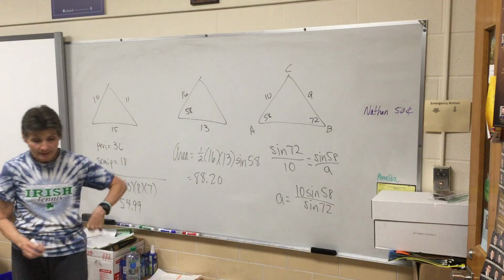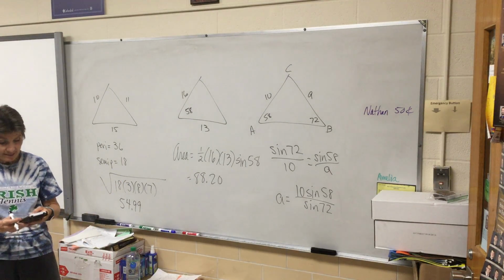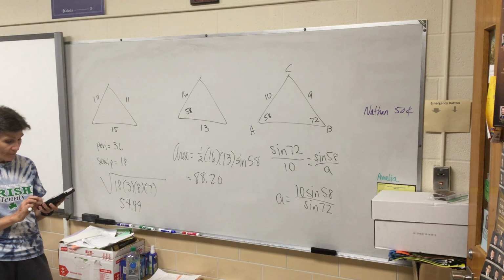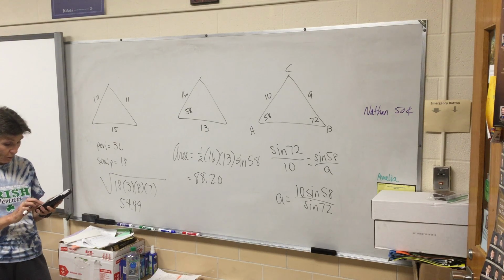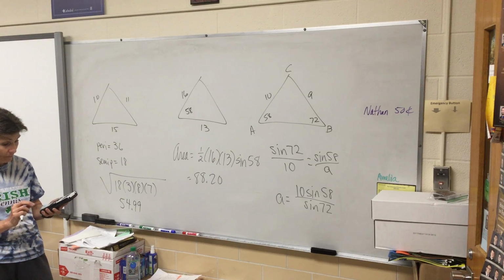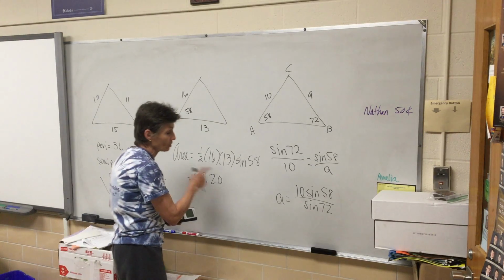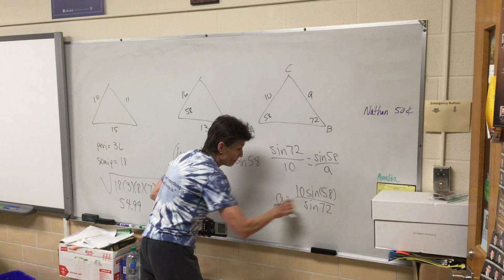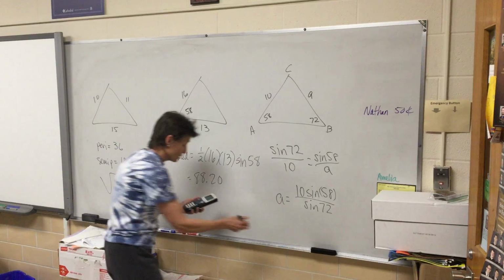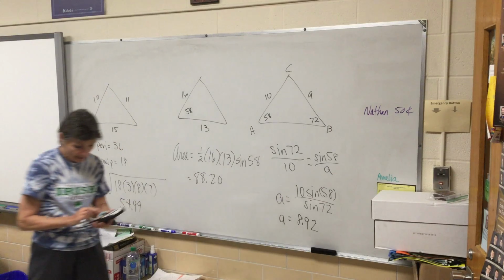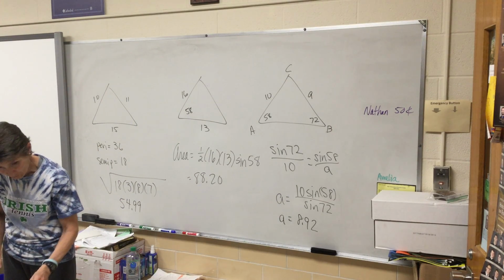And then I will type that in on my calculator, and that is side A. Remember that you use the law of sines or cosines when you have to find a side or an angle. Also be careful, like with the logarithms, when you type this in, you have to close that parentheses before you hit divided by. So A should end up being 8.92.